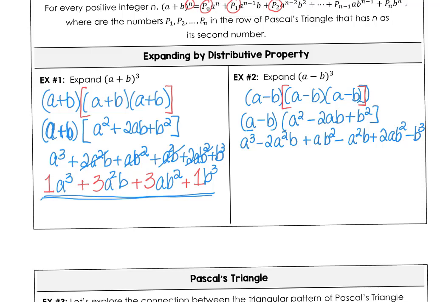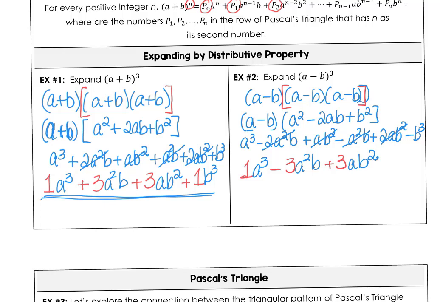And then collecting like terms, we're going to end up with 1a cubed, but adding up the a squared b and the a squared b, we're going to have negative 3 a squared b terms. And then adding up the ab squared and the 2ab squared, we're going to have positive 3ab squared.